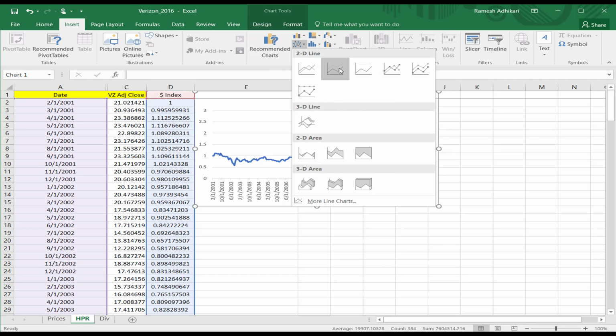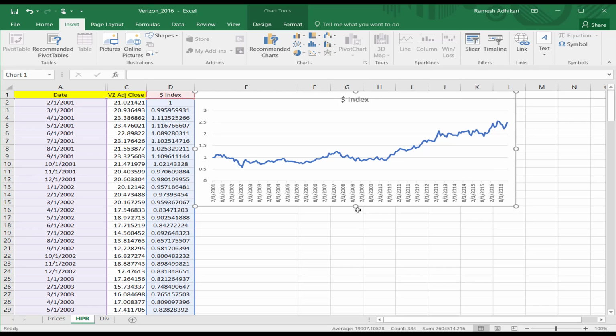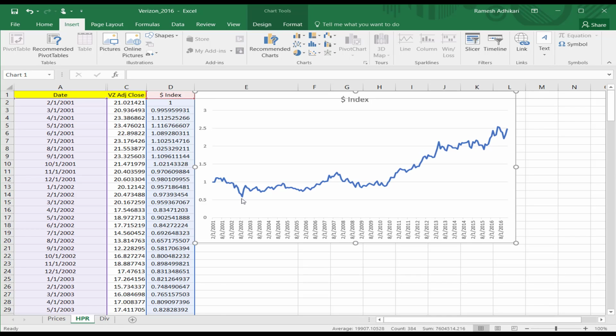It doesn't look very good, so let me, okay, that means this line tells us how a dollar would grow if you invested in Verizon stock over the period. That's why this dollar index is very useful in investment analysis.